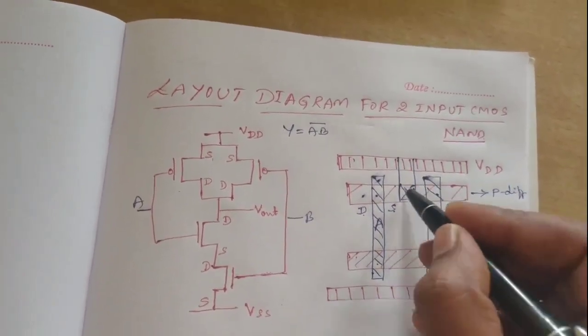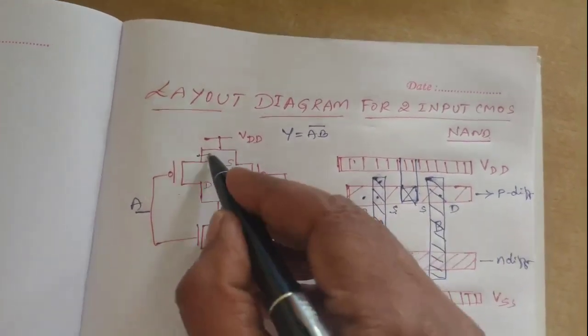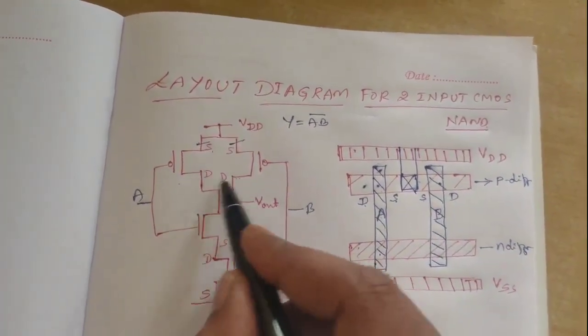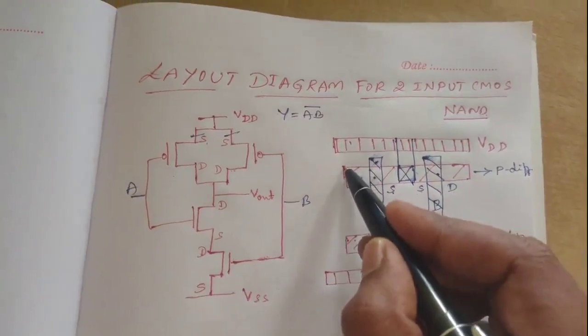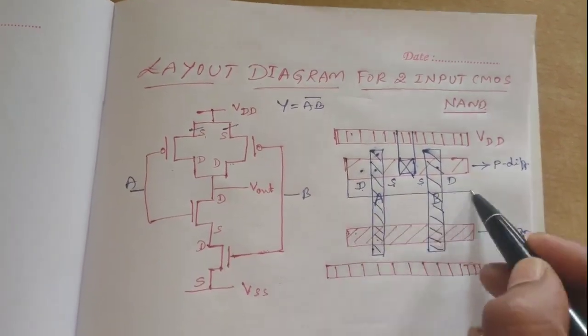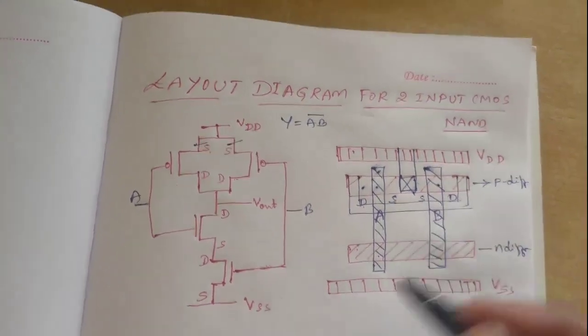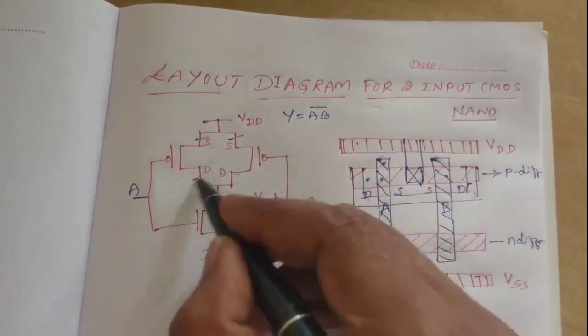So this is the connection we have done. Now come down to this connection. The drain end of A is shorted with the drain end of B. For that I am going to use a metal layer to short these two. Done. So this part is over.